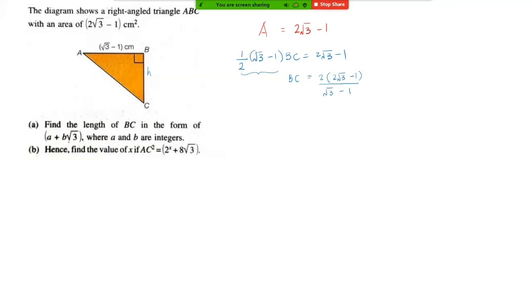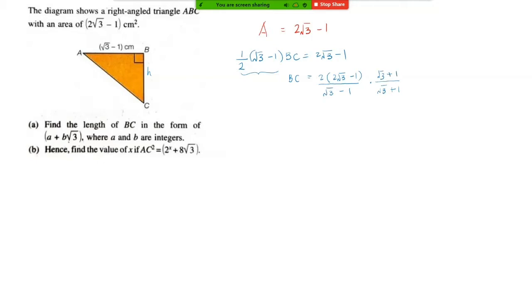Okay, now to solve this, we would like to neutralize, or find the conjugate of, this √3 minus 1. So the conjugate pair for √3 minus 1 will be √3 plus 1. So if we times √3 plus 1 to the denominator, we do likewise for the numerator.